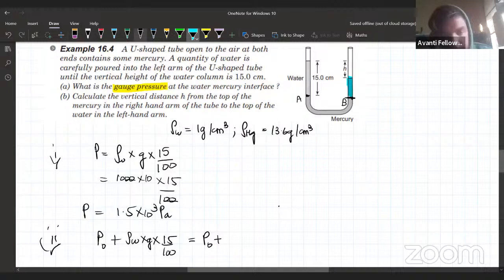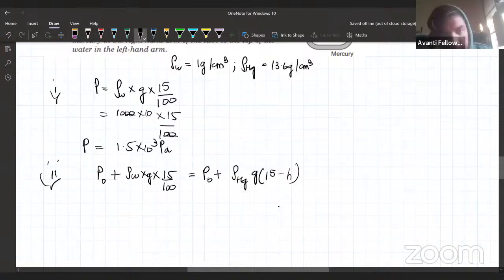So I think certain things are going to cancel out. 1000 and this 1000 will get cancelled out. g and g will get cancelled out. And just taking 13.6 down, 15 by 100 divided by 13.6.